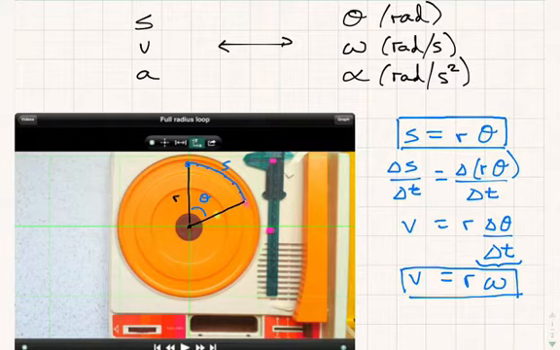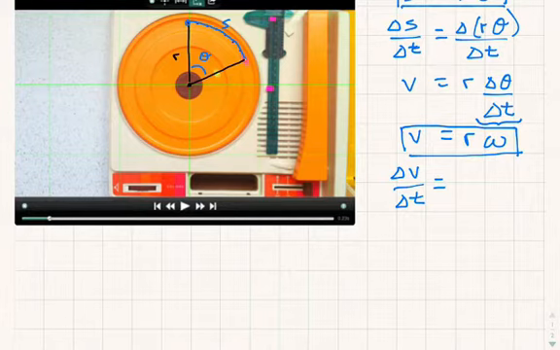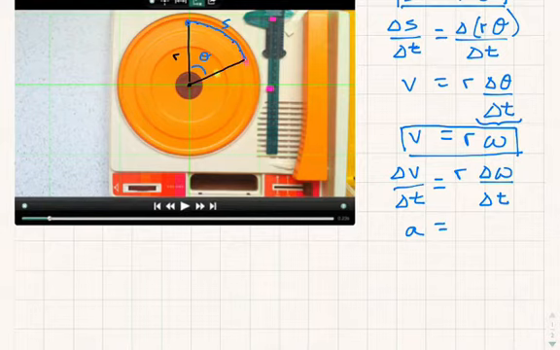Now we can do the same thing and get a relationship between the linear acceleration and the angular acceleration. All we have to do is take a change in velocity over a change in time. Again, the radius remains constant, so that's going to get pulled out, and this is going to be a change in angular velocity over a change in time. So on the left-hand side, we have linear acceleration is equal to r times the angular acceleration, alpha.